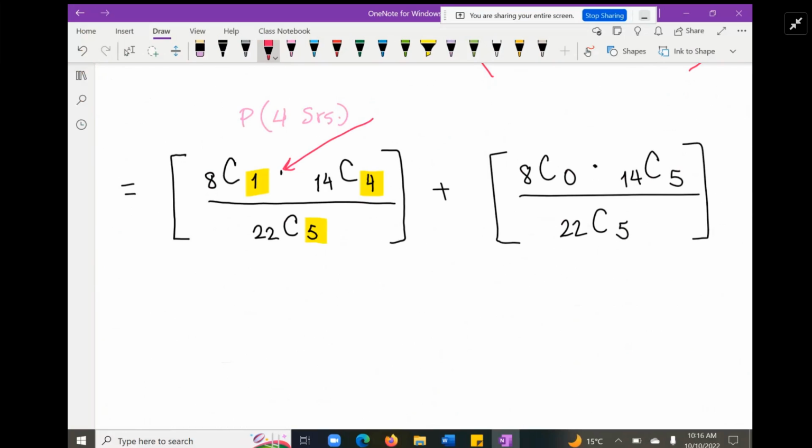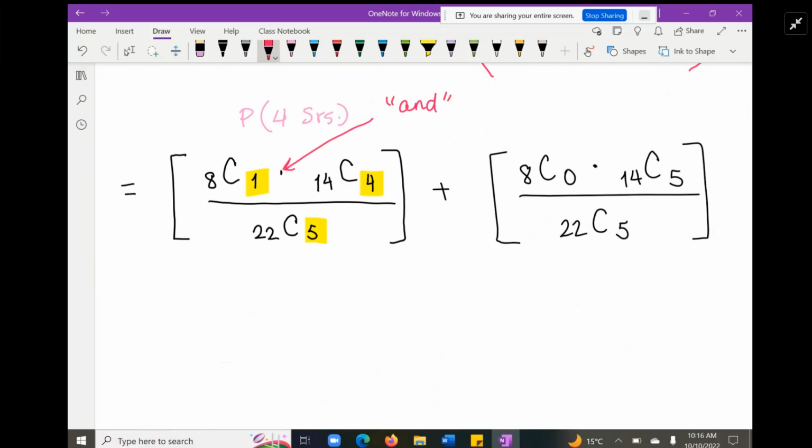So that's the setup. And I'm multiplying right here. I'm multiplying the junior and senior counts or selections, because you can think about it like an and situation. It's a sequence that's happening. It's not an either-or thing where we say, oh, we could have 1 junior or 4 seniors.